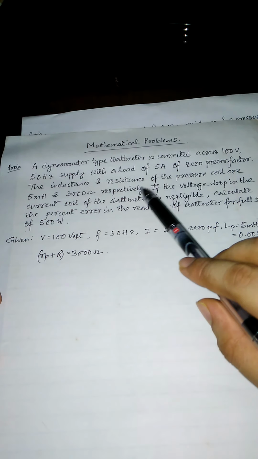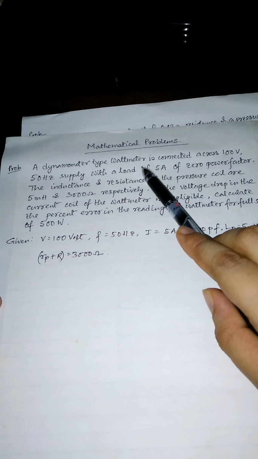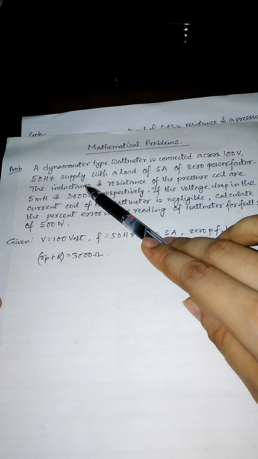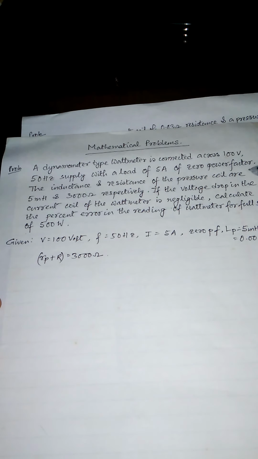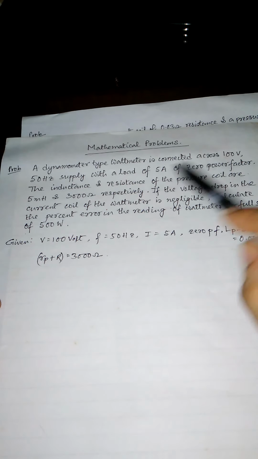Now we will do some mathematical problems. In our first problem, a dynamometer type wattmeter is connected across a 100 volt 50 hertz supply with a load of 5 ampere of 0 power factor. That means cos phi is 0.